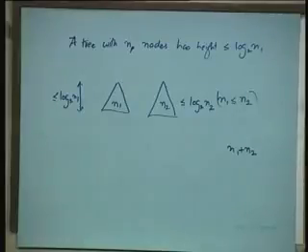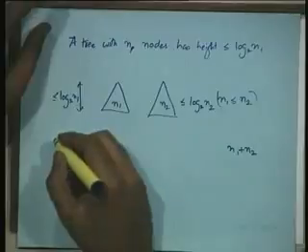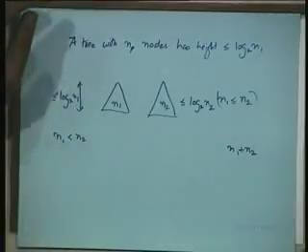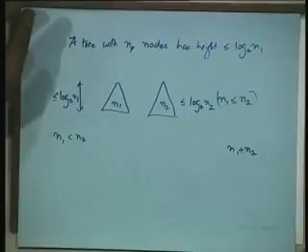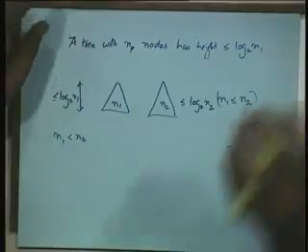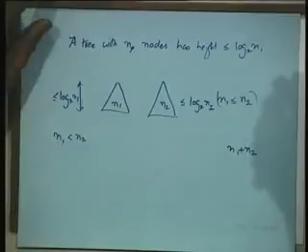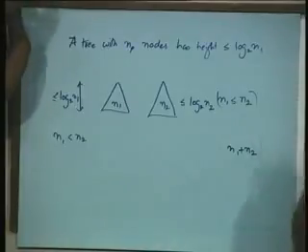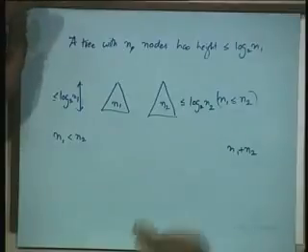So what are the two cases? n1 strictly less than n2. What will be the height?